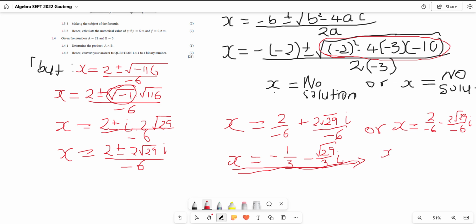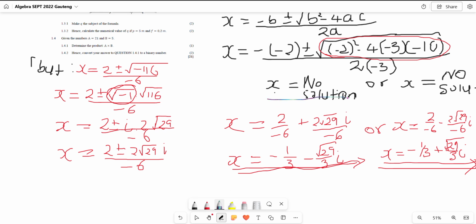Then x is equal to negative 1 over 3. Then negative divided by negative, we have a plus square root of 29 divided by 3i. That is another solution of x.